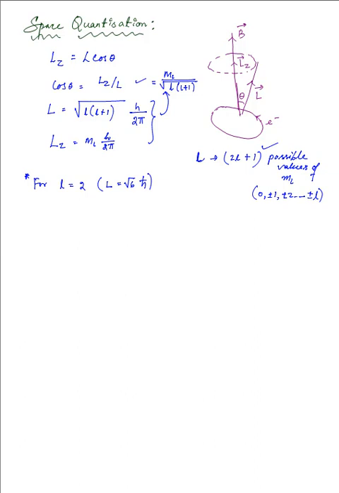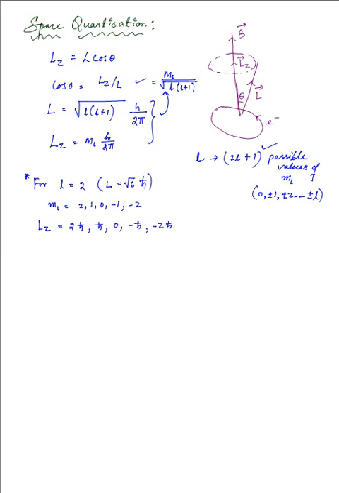And for l equal to 2, we'll have the values of ml varying from 2, 1, 0, minus 1, minus 2, 5 values of that. As a result of that, we have Lz having the values 2 h bar, then simply h bar, then 0, minus h bar, and then minus 2 h bar. So these are the values of Lz.